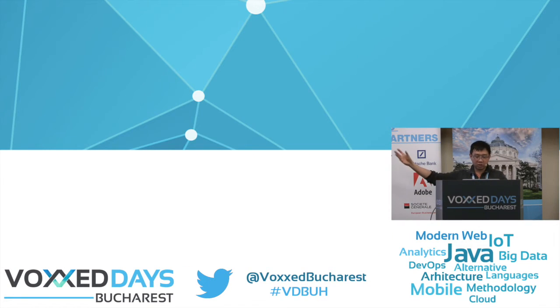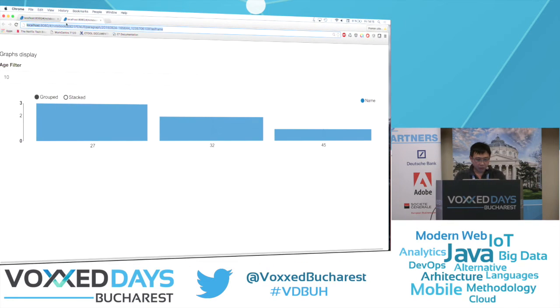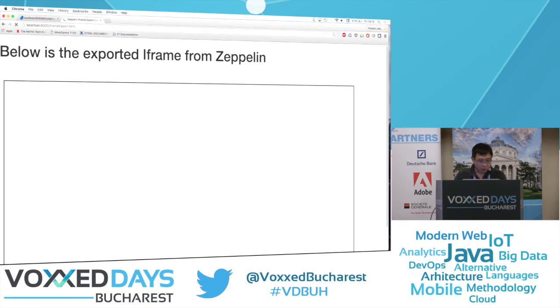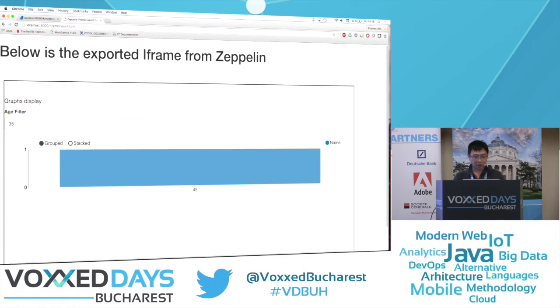Imagine that you put this HTML page on another web server, and then localhost iframe export. So here we are. So this is what you want to show to your boss, and not the other page. In this case, your boss cannot change the source code. He can click everywhere, he cannot update the source code. And what is nice is that still with dynamic form, he can still update the display. Okay.